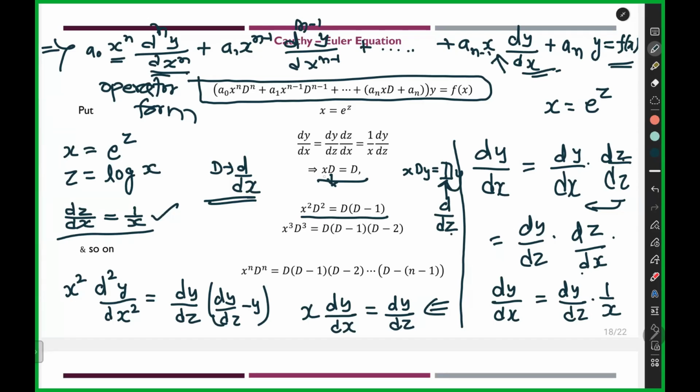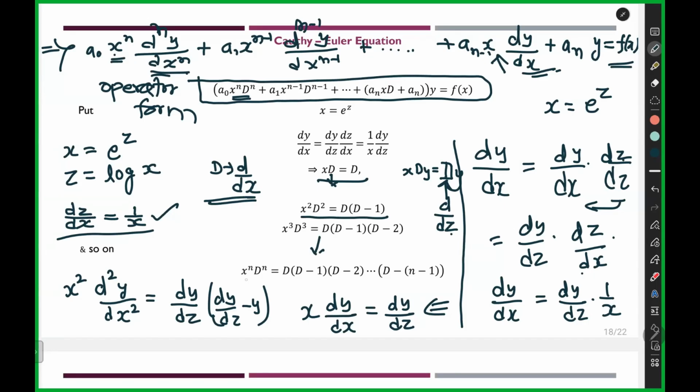So I am making a replacement of the form x to the power n d^n: x d by dx is simply replaced by capital D, and next, x squared d squared becomes D(D minus 1).